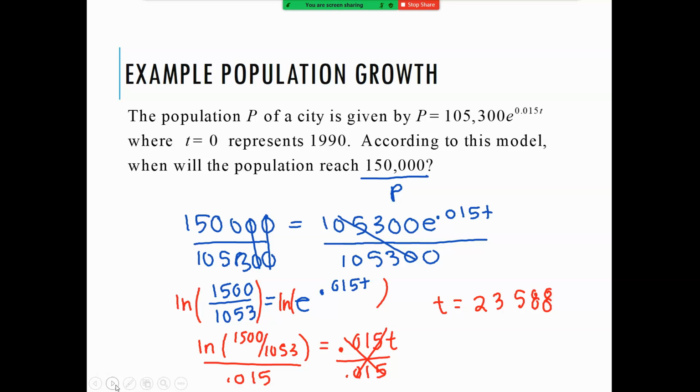So you would have to take that value and add it to 1990. And then your explanation would be: in 2013, the population will reach 150,000.